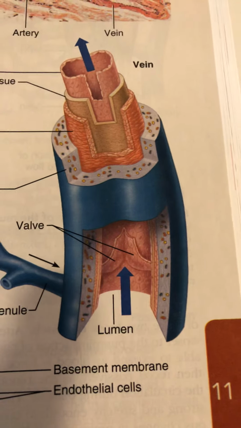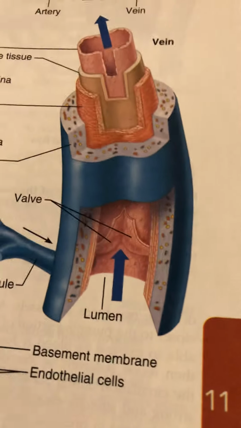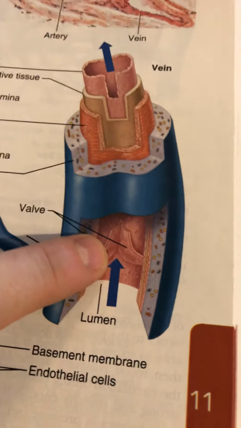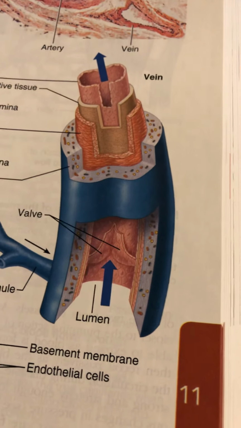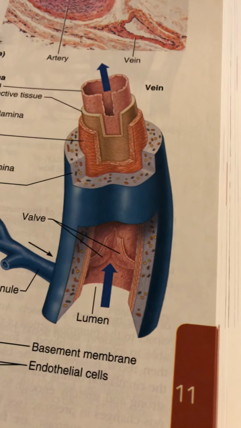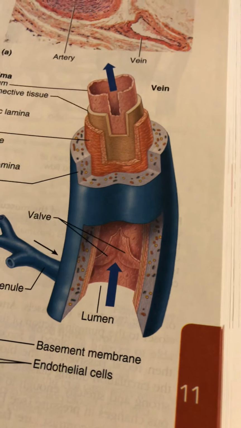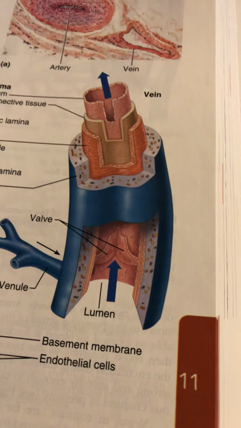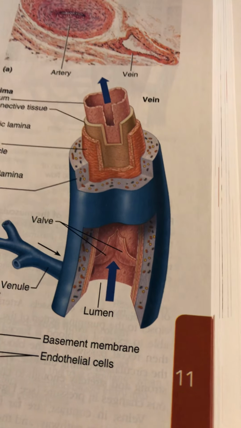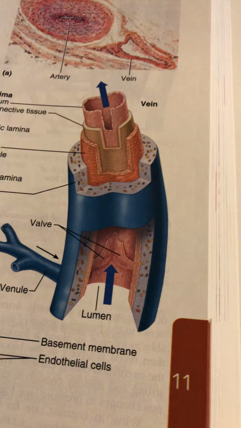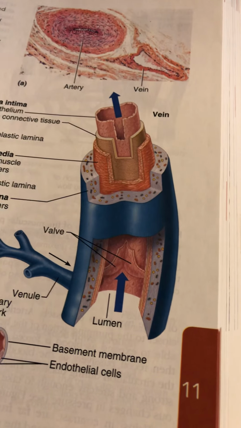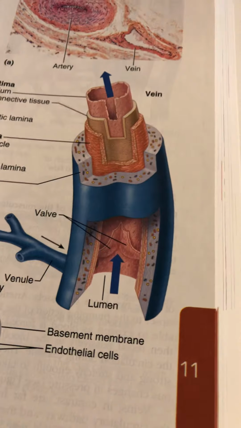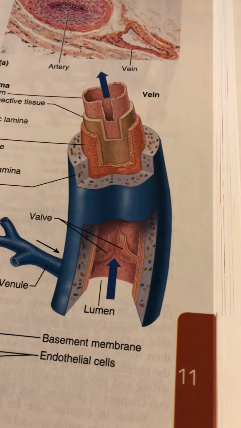The other thing that is included, as you can see right here, is an example of a valve contained in a vein, and these valves open and close to allow blood to go back towards the heart. Now keep in mind that there's no pumping system that allows the body's venous blood to go back to the heart. So your body depends on movement and the squeezing of muscles to get the blood back to the heart.